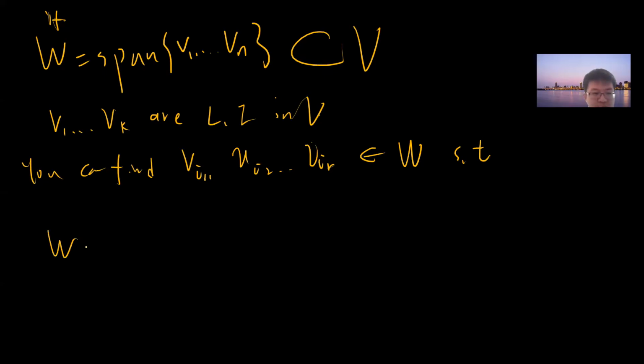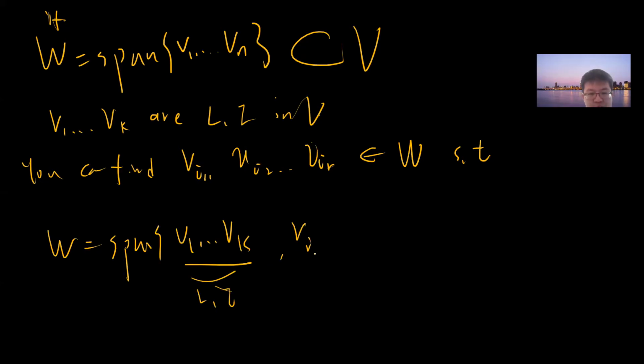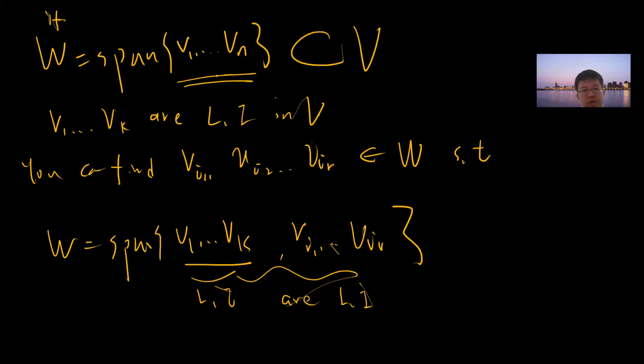So W is the span of v1 up to vk, which are linearly independent, together with vi1 up to vir, and all of these are linearly independent. So basically, given n vectors, you can always pick some linearly independent set, and replace the rest of it to get a linearly independent set. So this is the corollary.